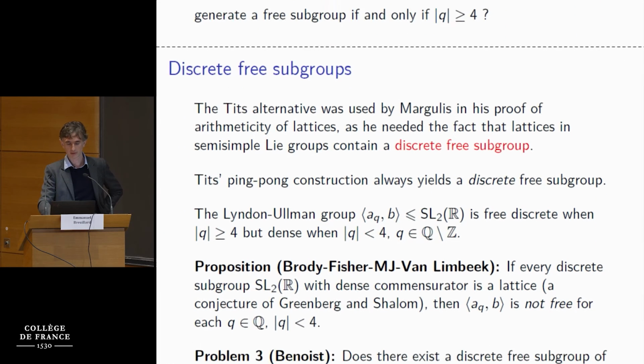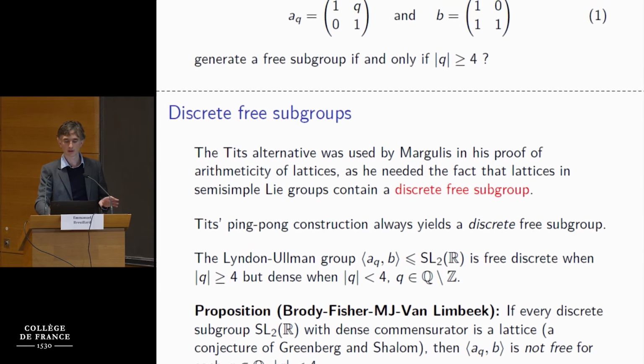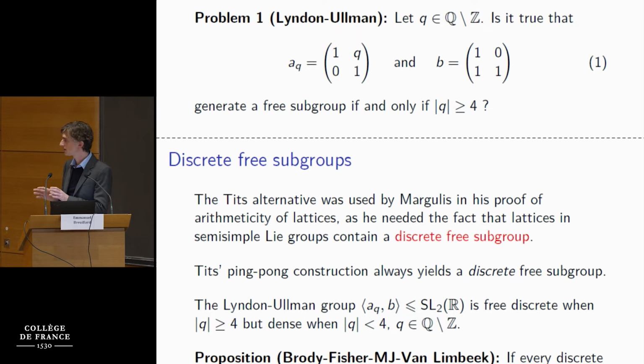So, as I said, when you apply this ping-pong method, you get a free discrete group. Because the ping-pong is done in some local field, you have some topology. So you get a discrete free subgroup. And this is also why the Lyndon-Ullman problem is difficult, because there doesn't seem to be any way to embed your group when Q is between 0 and 4.